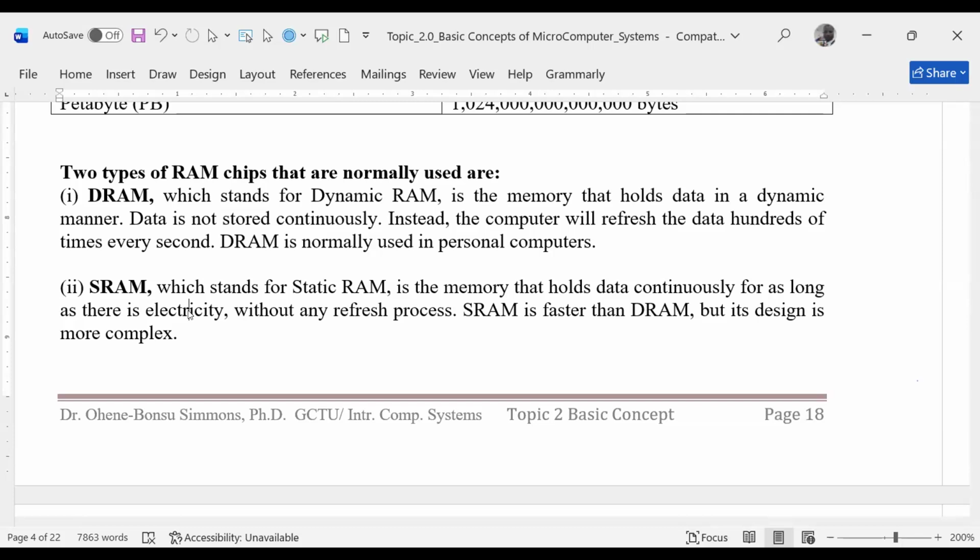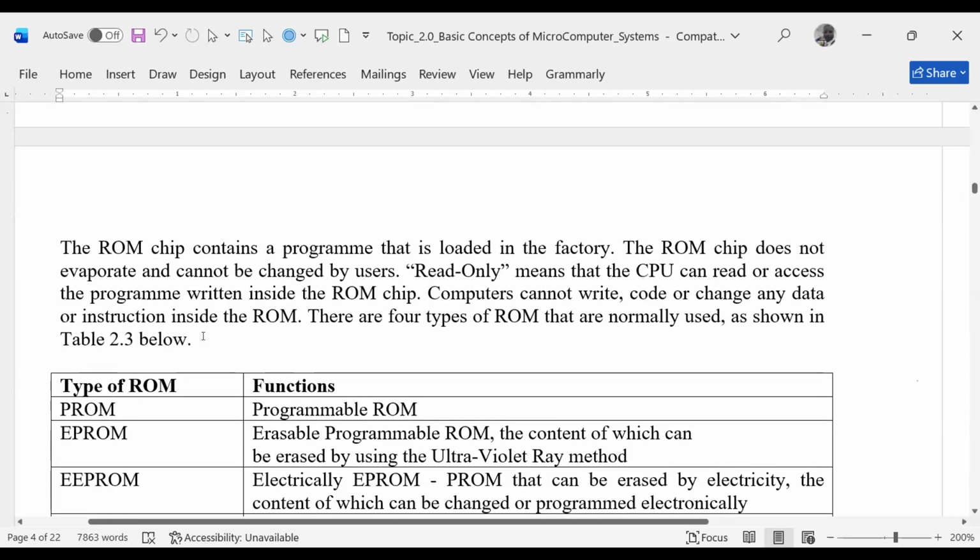Dynamic refreshes the system 100 times every second to make new input possible. Static holds your work as long as there is power. So when you are working, your work is displayed on the screen and occupies what is called SRAM, the static random access memory. I hope we have understood this.